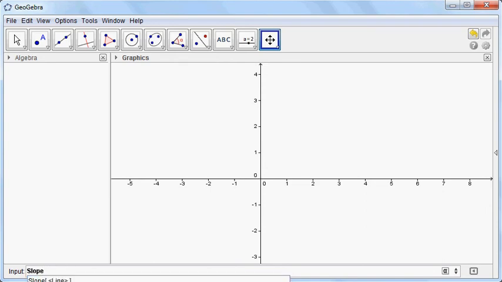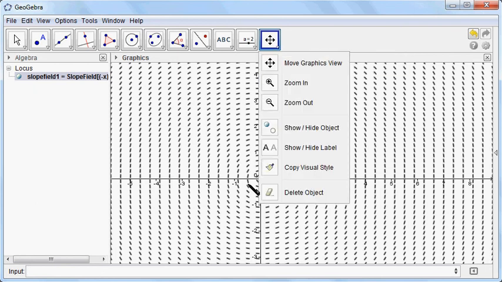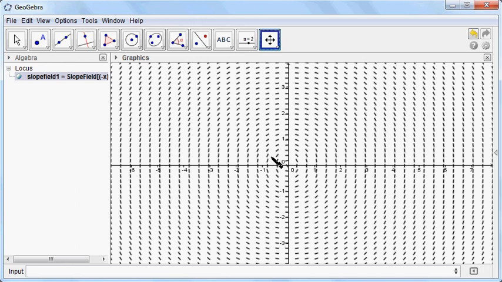This is the one I want. Then you put in the function, which was negative x over y, and hit enter. It's a little messy, but this is the slope field.